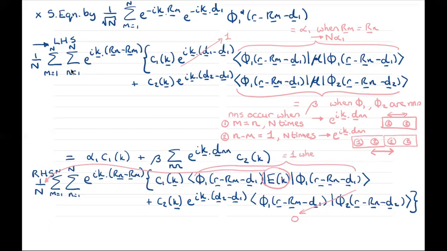when phi 1 is the same as itself, in the same unit cell, so when Rm is equal to Rn, which happens n times.